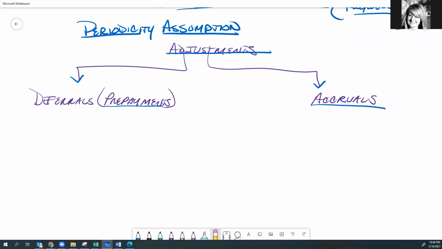Okay, so in deferrals and the prepayments, what I like to talk about here is that we either have revenues that have been collected or received, but not earned.